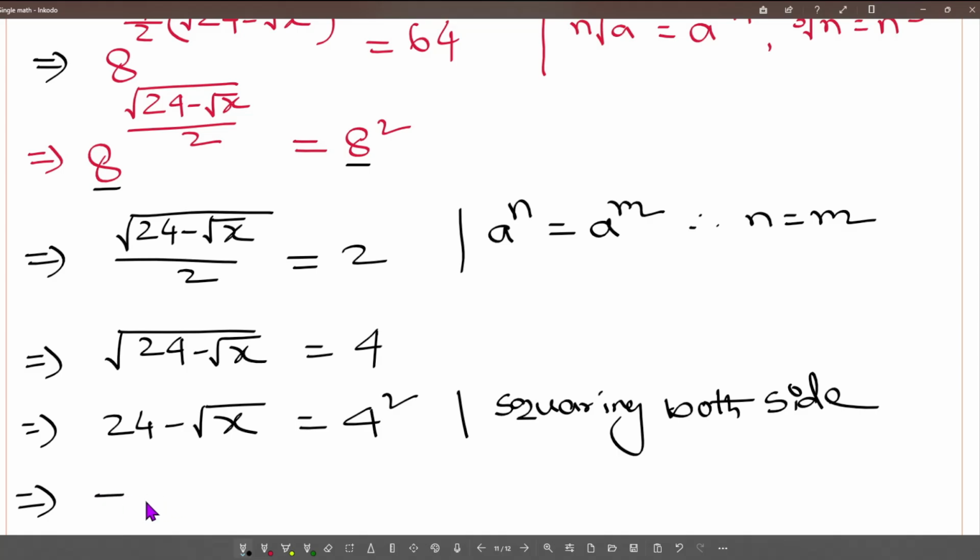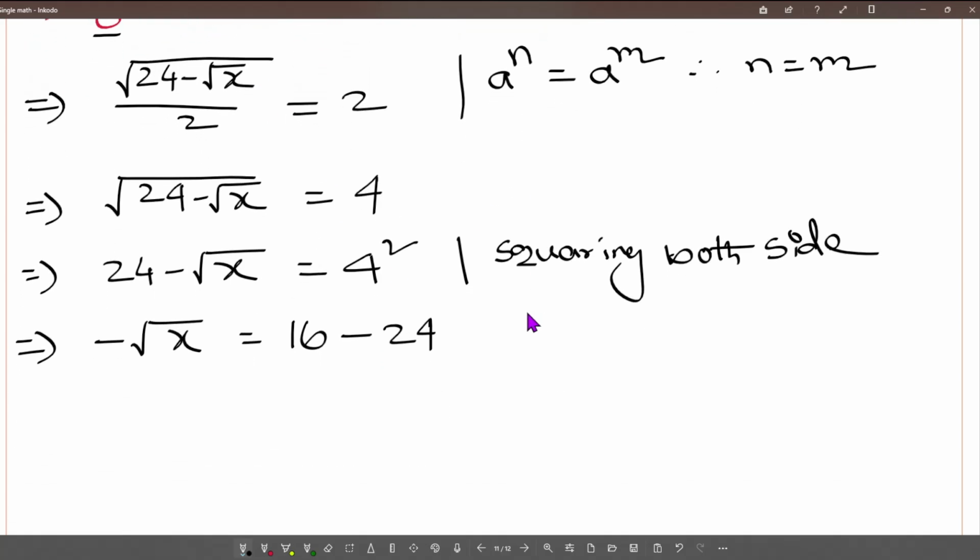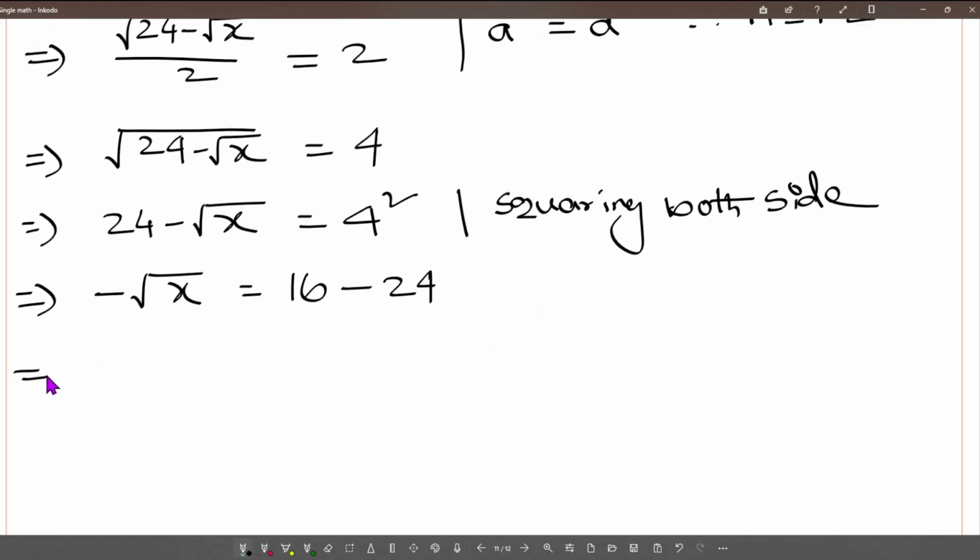Then minus root x equals, here is 16, and this 24 we can change to the right side. So here is minus 24, right? Then minus root x equals minus 8.